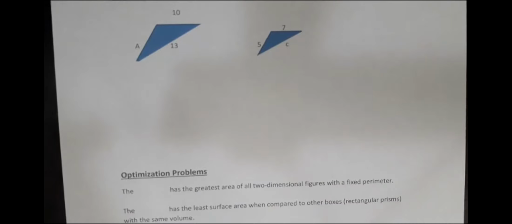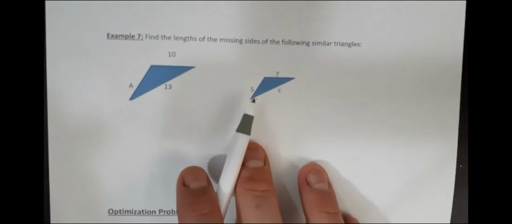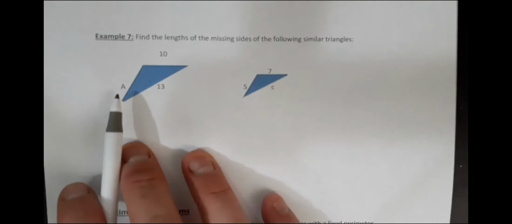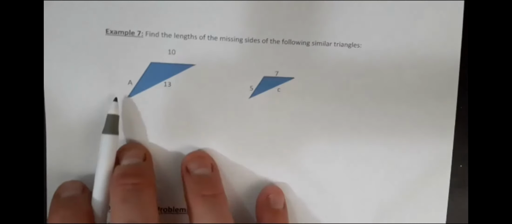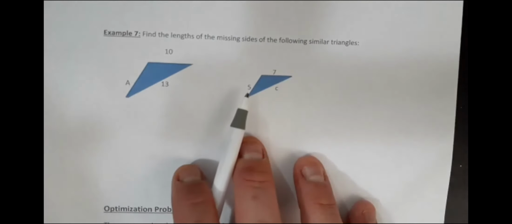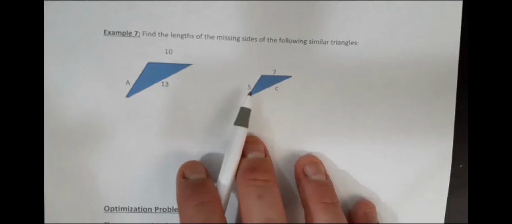And so now we get an example to practice this. So I went from primes to doing capitals and lower cases. We want to find the length of the two missing sides. There are a few ways to do it. So I went from this triangle to this triangle. If I go from A to 5, that's going to give me one variable.